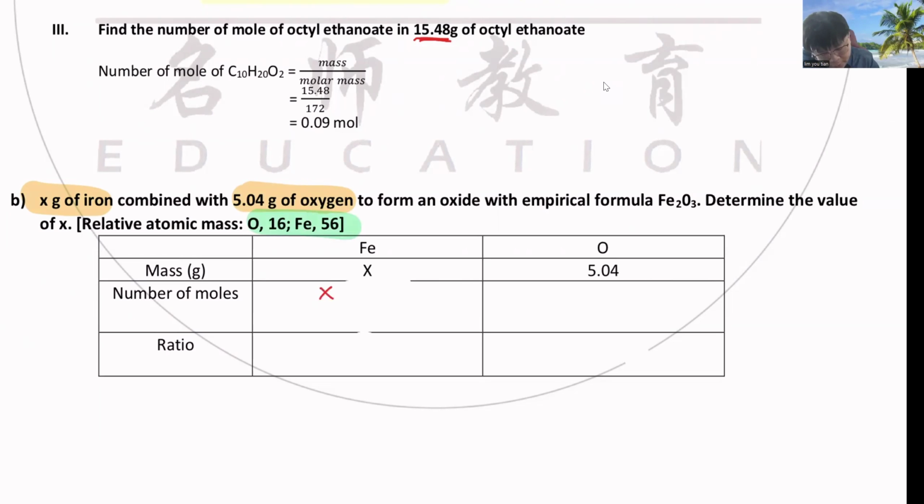So now I put in X over 56, 5.04 over 16. First you calculate 5.04 divided by 16. I get 0.315. Then they give you the ratio is 2 to 3.